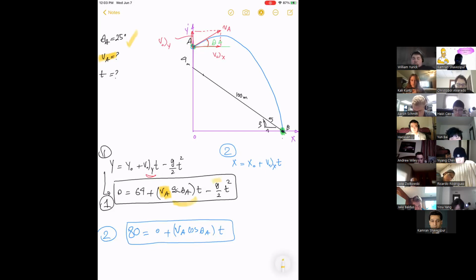G is the gravitational constant, I know it. The second unknown is T. In this equation, same, VA and T. So these 2 equations technically give me 2 unknowns, VA and T, and you can obviously solve for those values.